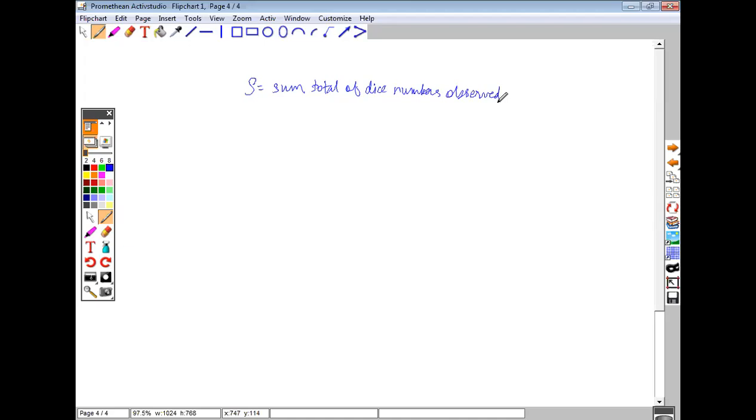I'm looking at the sum of the numbers that I have observed on a particular dice. Let us say I'm looking at first x1. The dice roll could give me numbers like 4, 5, 6, right? x2, another day I will again get the same set, and so on till the end of the month, right?